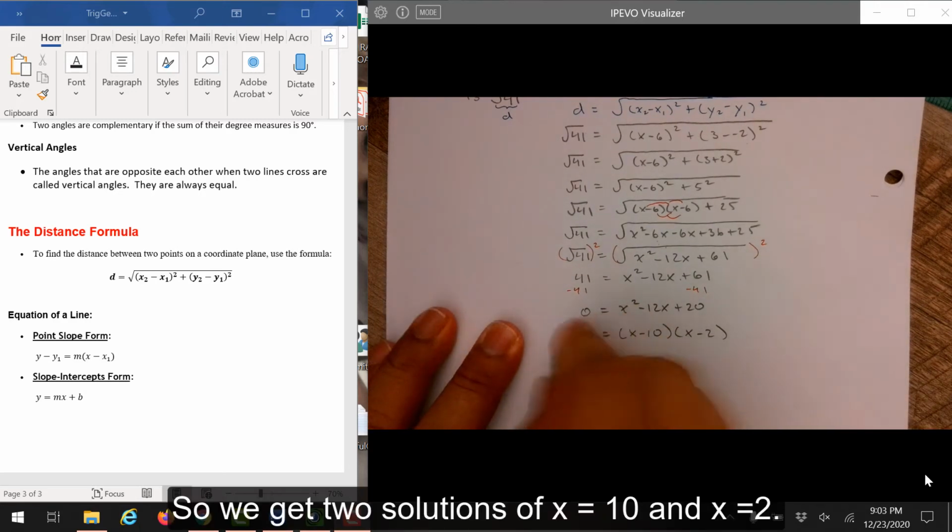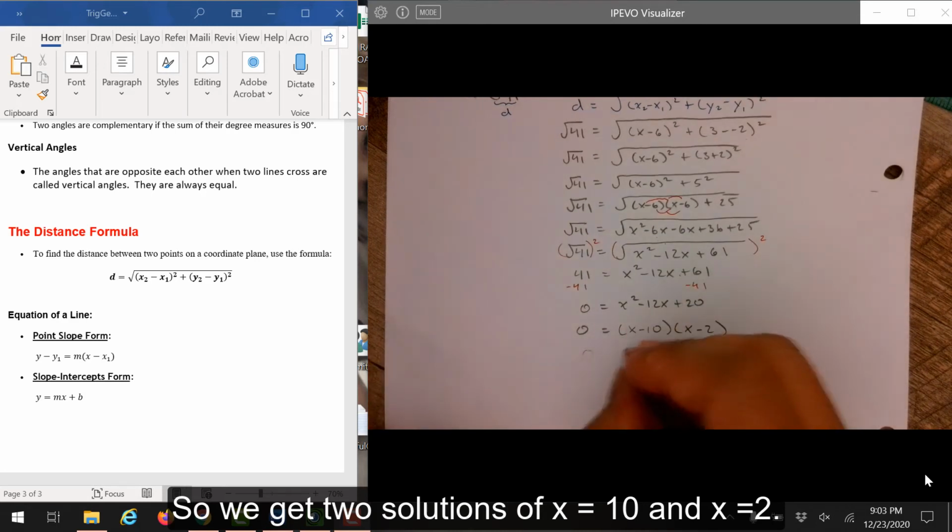So we get two solutions of x equals 10 and x equals 2.